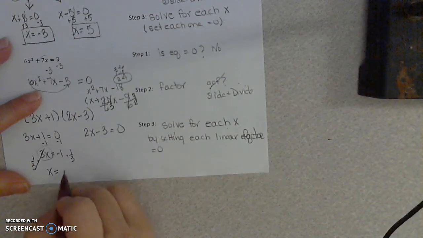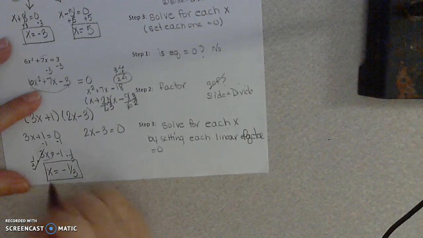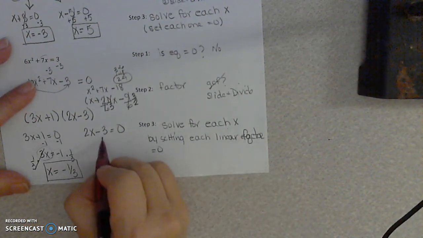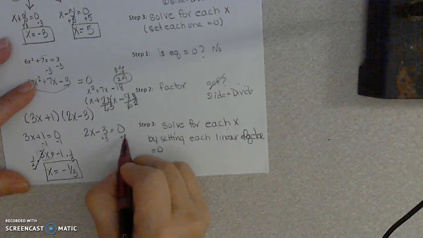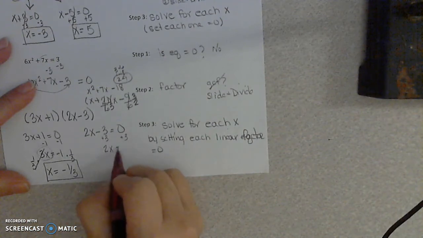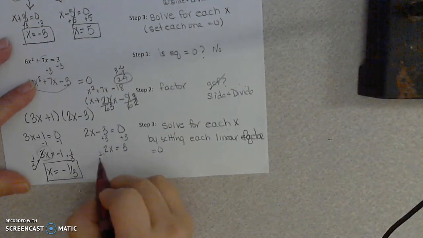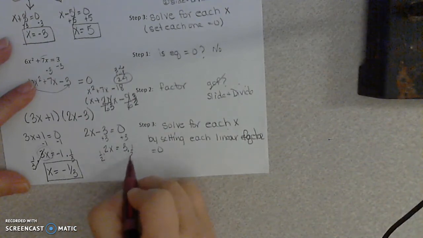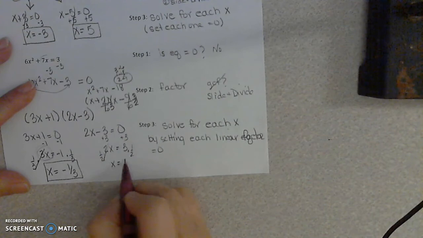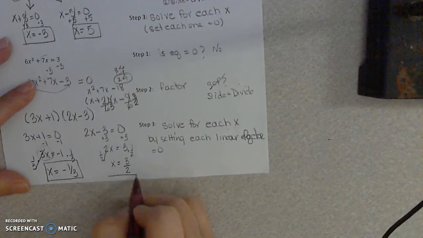X equal negative 1/3. One solution. Here, add opposites. 2x equal 3. Multiply times the reciprocal. X equal 3 over 2.